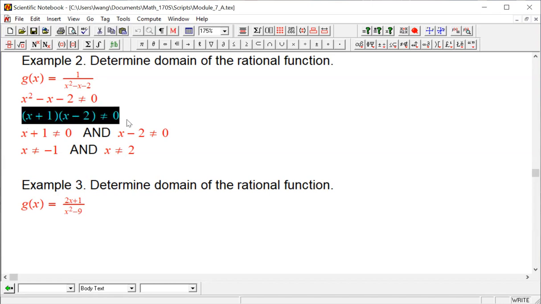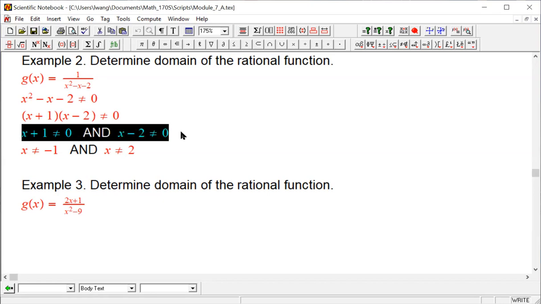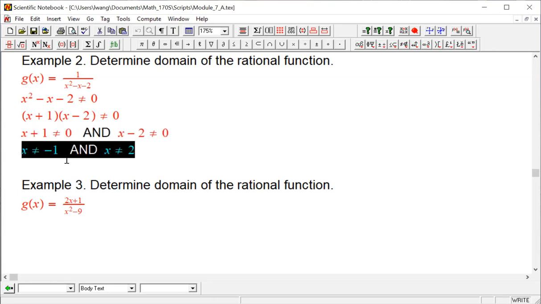If the product is not 0, then both factors are not 0. So the first factor, x plus 1, cannot be 0, and x minus 2 cannot be 0. Only when both factors are not 0 will the product not be 0. So the consequence is x is not equal to -1, and x is not equal to +2. That will be the domain.